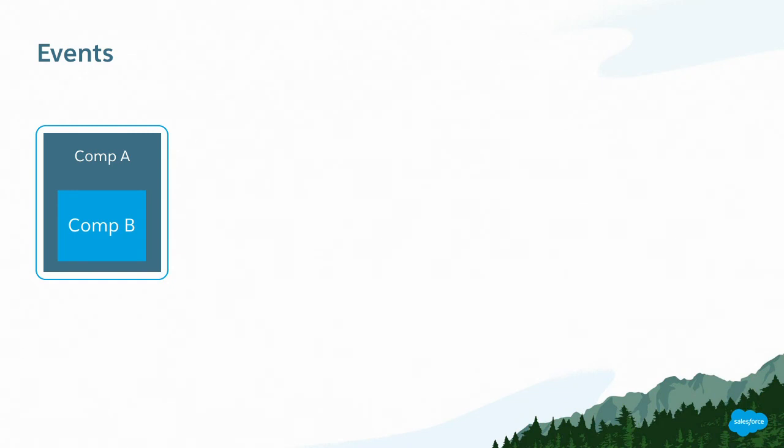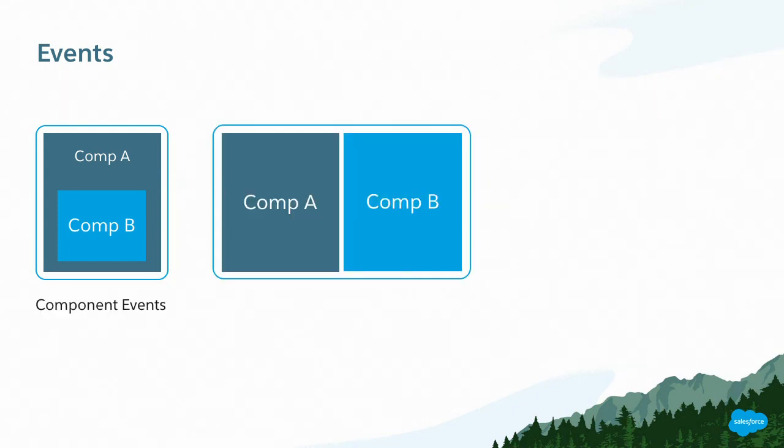What type of event shouldn't you use? An application event, because that's extremely costly, and that's also the source of confusion, because when you fire an application event, all the other components on the page can actually listen to it and handle it. Here you want private communication between component B and component A, so a component event.